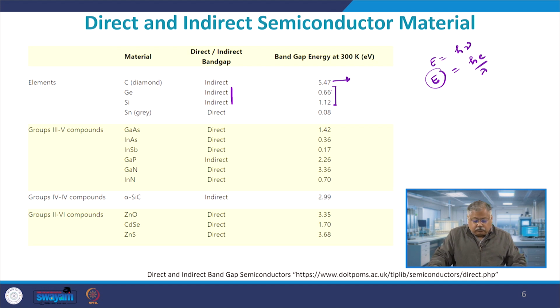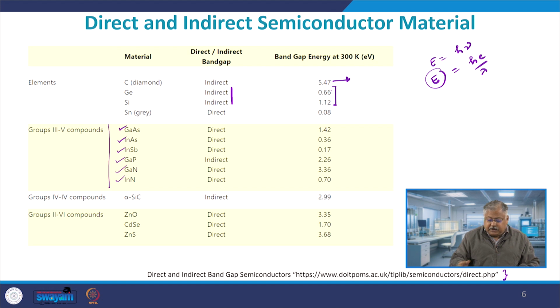Now, let me come to group 3-5 semiconductors. Within 3-5, I told you I have gallium arsenide, indium arsenide, indium antimonide, gallium phosphide, gallium nitride and indium nitride. We have taken 4 out of these, taken from this reference, if you can see properly.